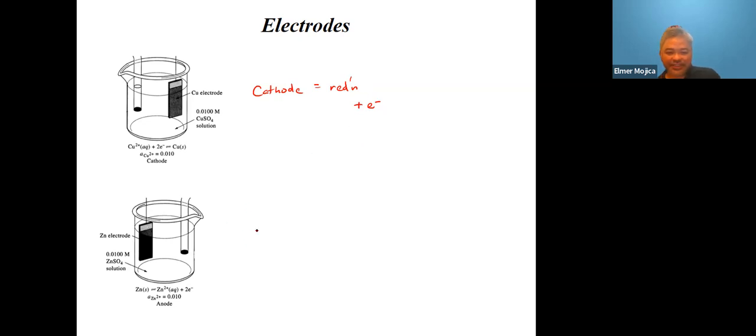Now, on the other hand, if you have the anode, that's where oxidation takes place. In this case, we could say that that's when electrons, what we call, you lose your electrons.